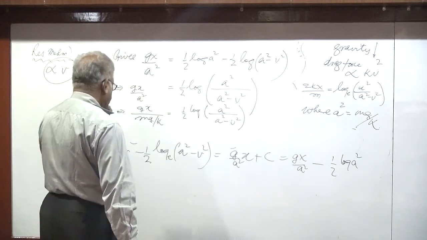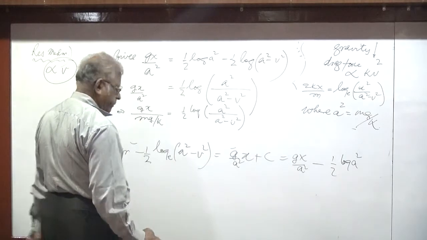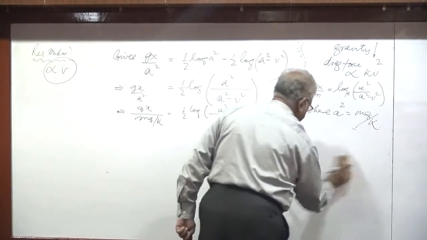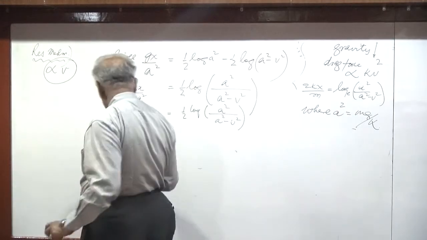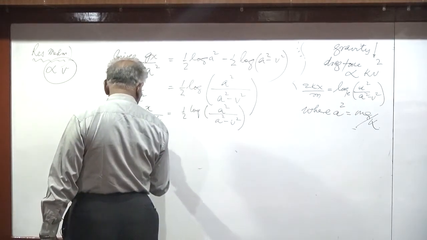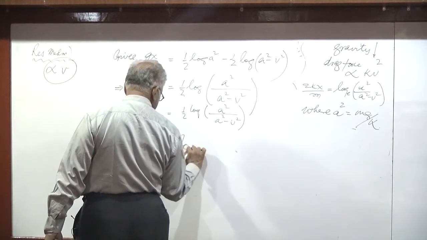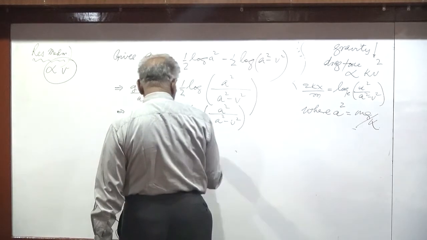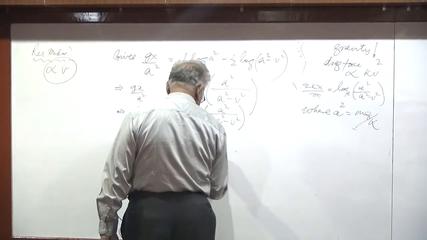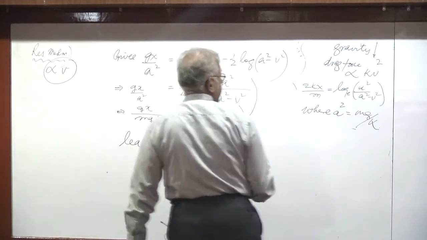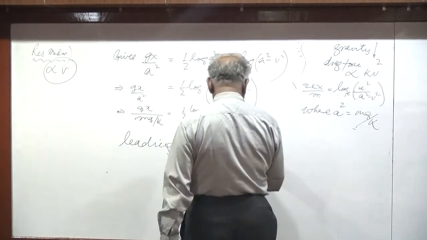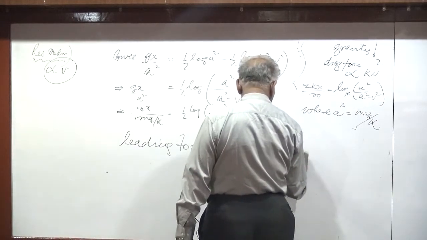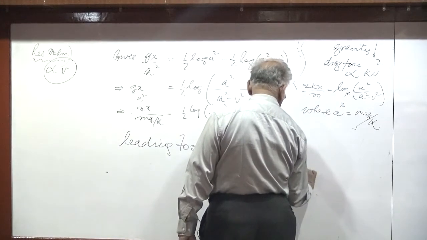Having done that, we can say, cancelling these g's, that kx over m is equal to half log a square over a square minus v square.